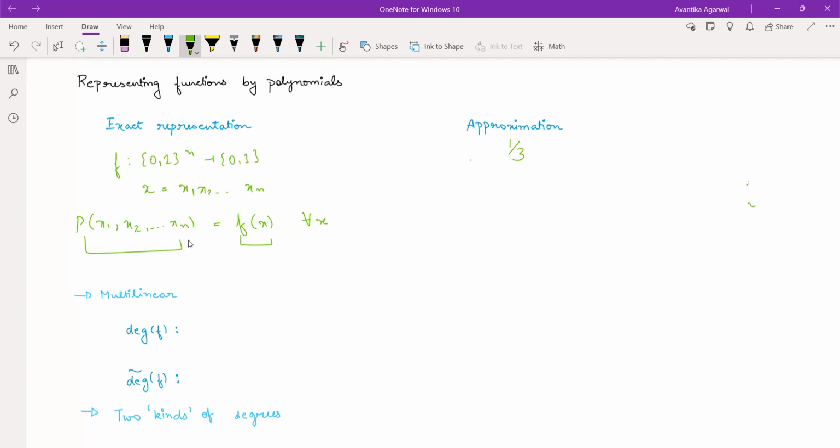Then a polynomial p approximates f if |p(x) - f(x)| is bounded by 1/3. So it might be different from f, but it won't be way off. It will be very close to the value of f(x). I hope these two ways of representation are clear and make sense why we would do something like this.